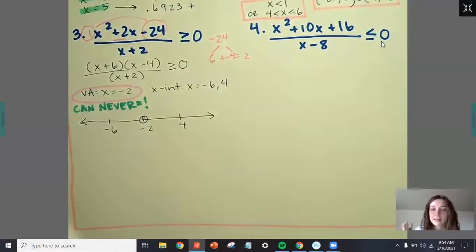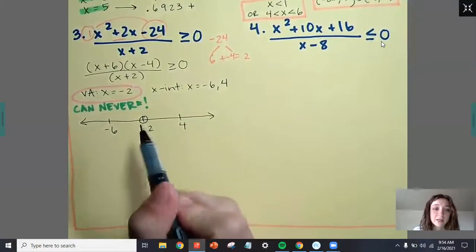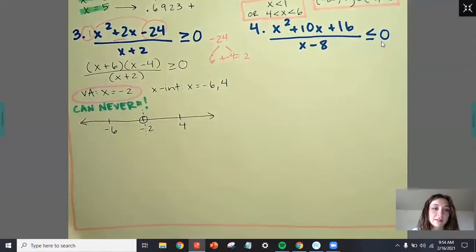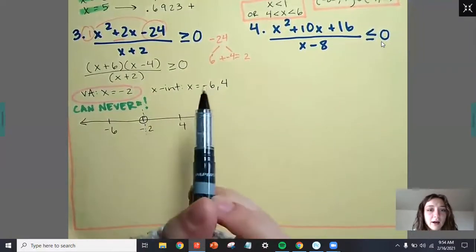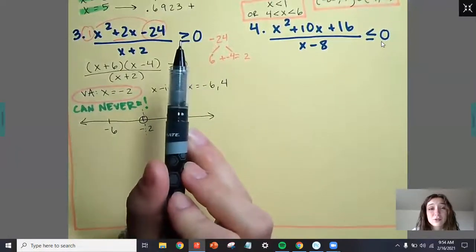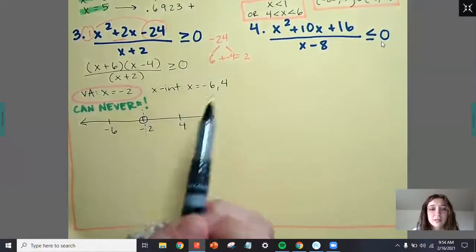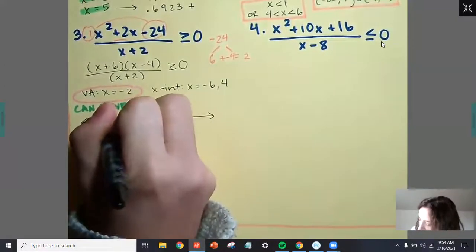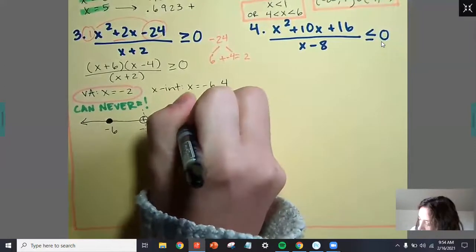Can't equal it. It has to be a point that doesn't actually exist right there, because we have that vertical line. Remember that it's never touching. Then at negative 6 and 4, these are x-intercepts, and since we do have that equal to right there, we definitely can touch those x-intercepts. So this is going to be a closed point here and a closed point here.